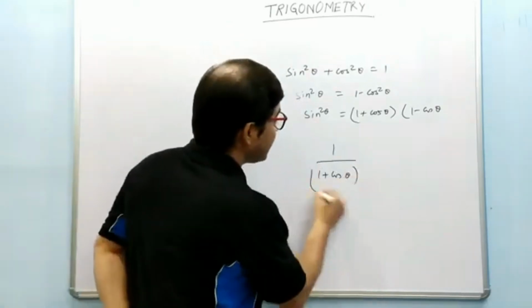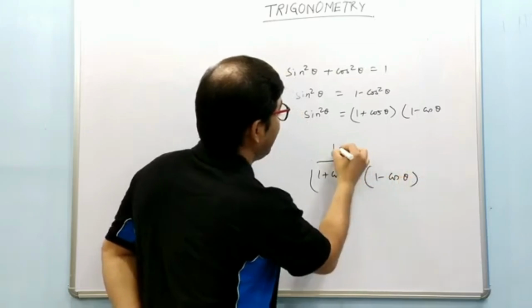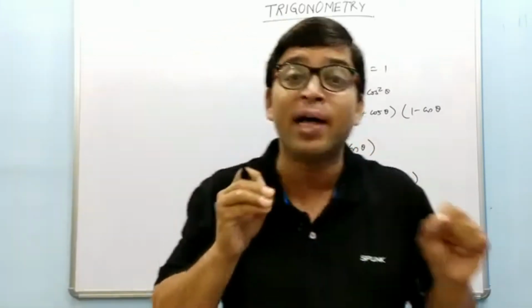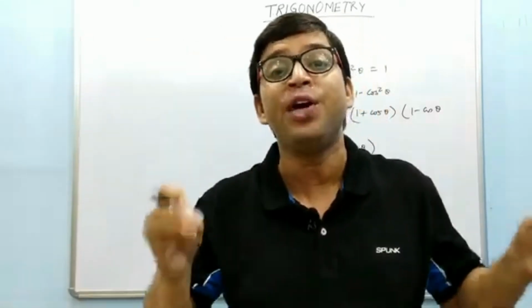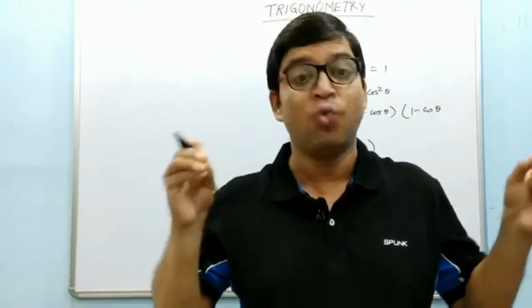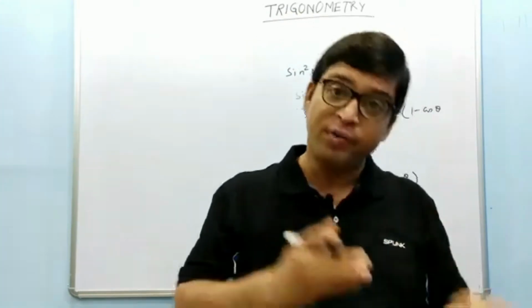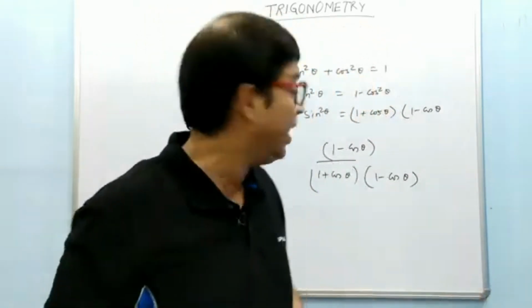So this can be used. If we write 1 minus cos theta here, we have to write 1 minus cos theta there too, to balance it out. In mathematics, we cannot do anything extra. We have to make a balance. Whatever we are doing in the denominator, we have to do in the numerator. Whatever we are doing to the LHS, we have to do to the RHS as well.